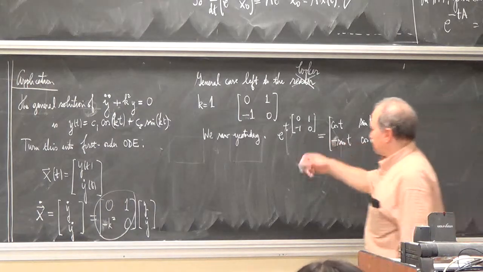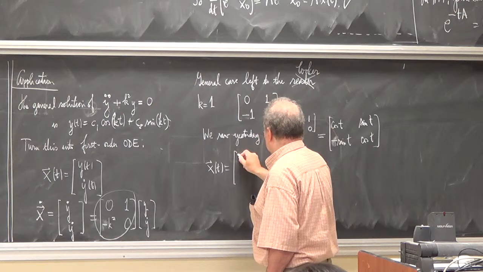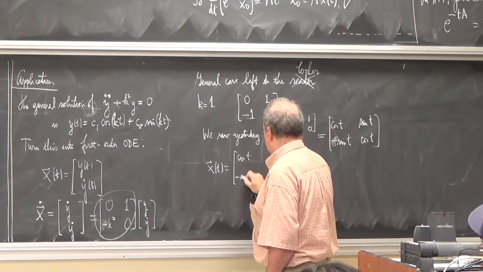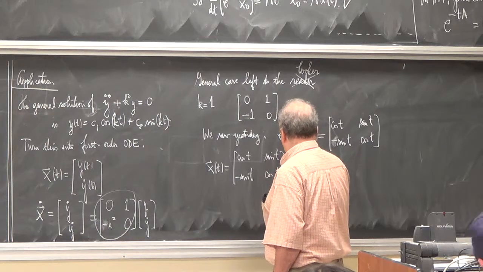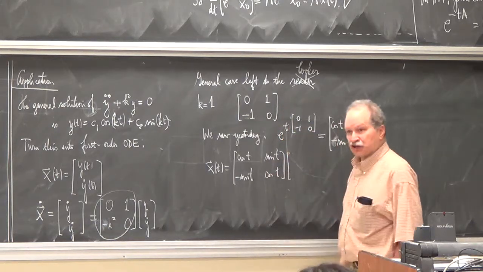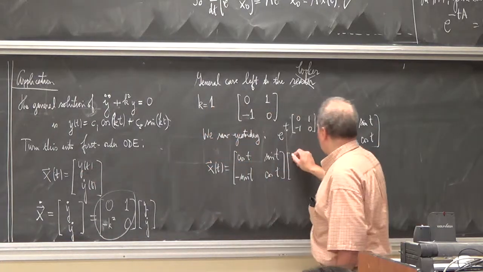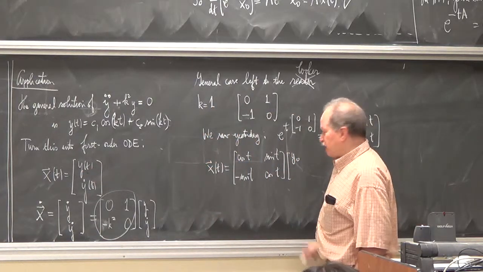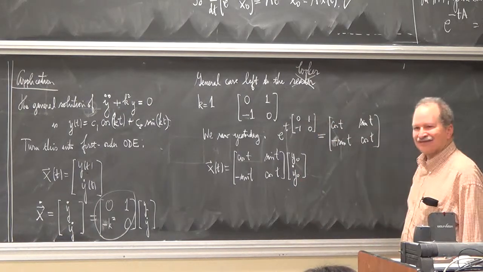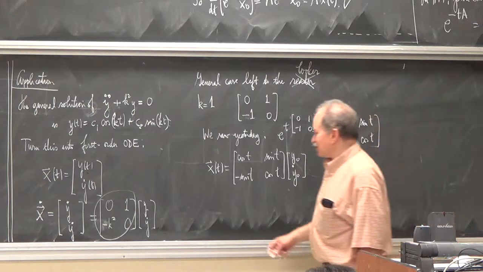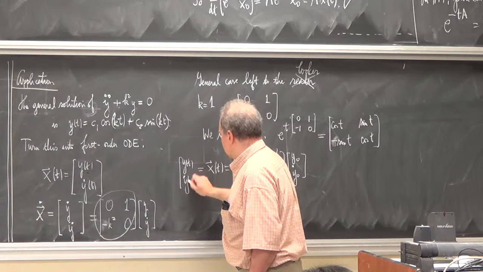So in fact, you get that x of t is cosine t, negative sine t, sine t, cosine t, times x naught, the initial vector. What's the initial vector? Well, it's going to be y at time 0 and y dot at time 0. So this is y of t, y dot of t.